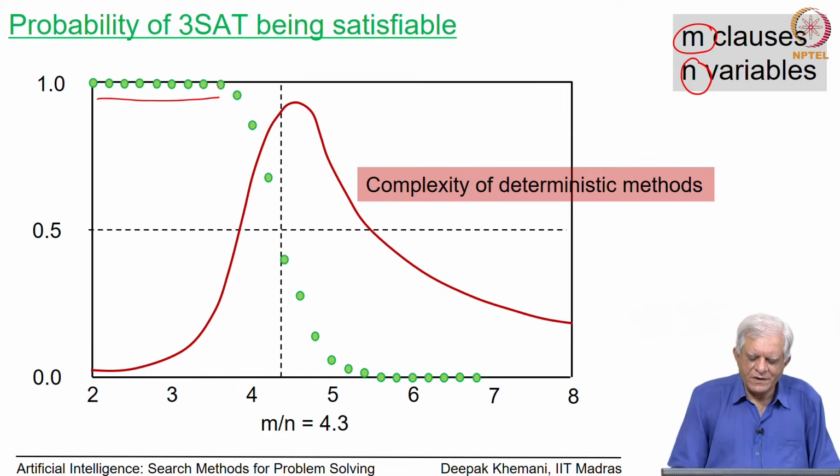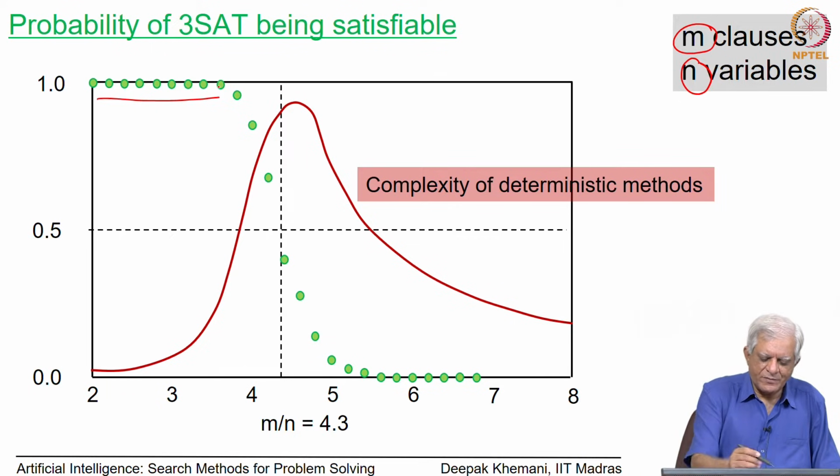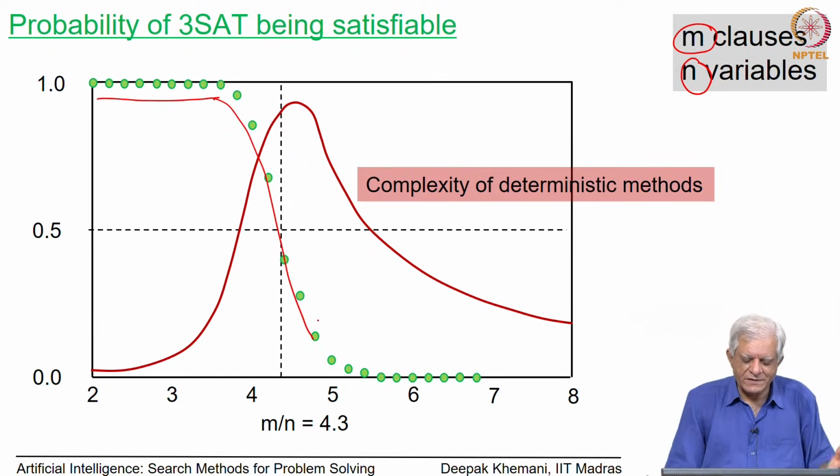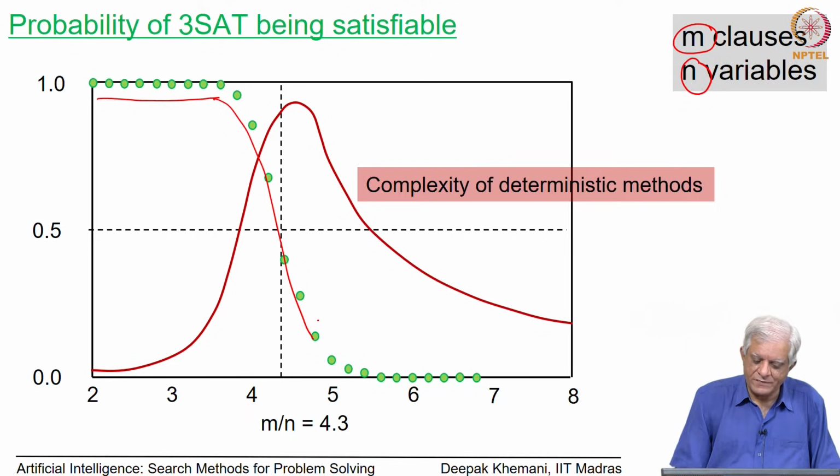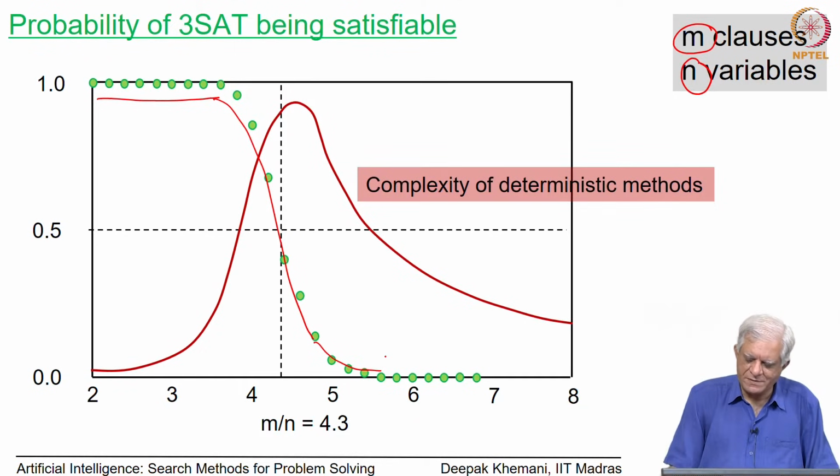So, obviously, you can find assignments to those variables which will satisfy those clauses, but at a certain point there is a sudden phase shift, and the probability of the formula being satisfiable drops very rapidly, and then it tends to become almost 0. This phase shift happens in the case of 3 SAT for a value of about 4.3, which means the number of clauses is roughly 4.3 times the number of variables essentially.